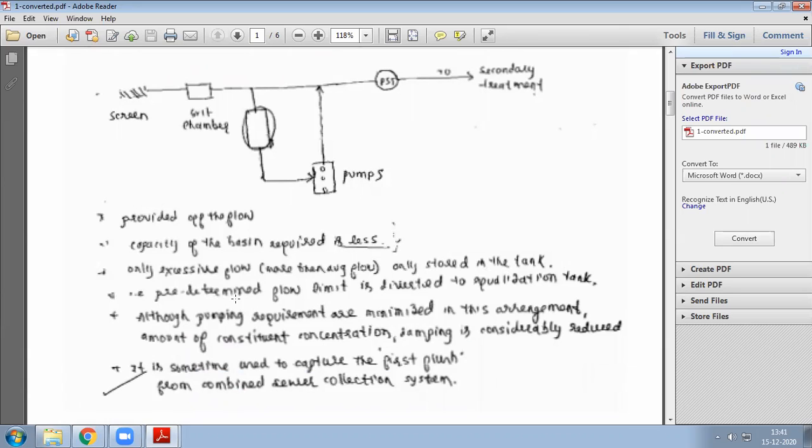If it is overflowing somewhere in the grit chamber, if the flow is greater than the capacity of the grit chamber, and some overflowing is happening, at that time we can simply provide one equalization tank here, so that overflow can be controlled.